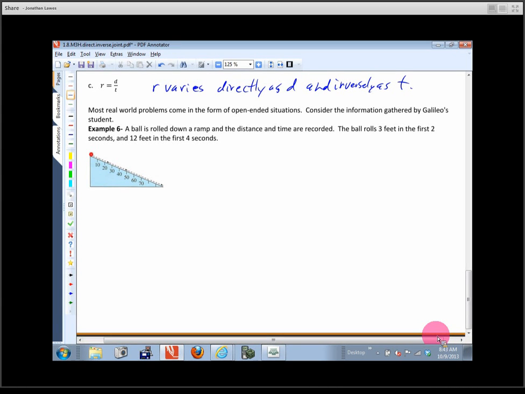So the simplest model for direct variation would be this. Let's use D for distance, so we'll declare some variables here, and let's use T for time. So if we did something like this, D equals KT.